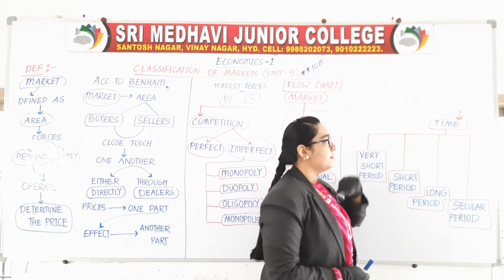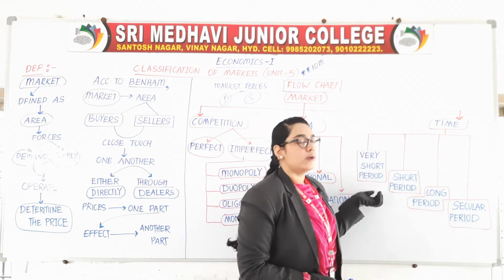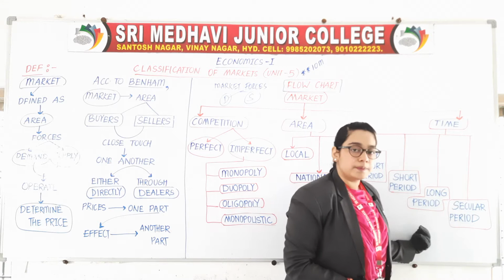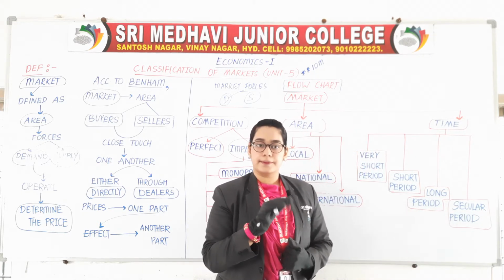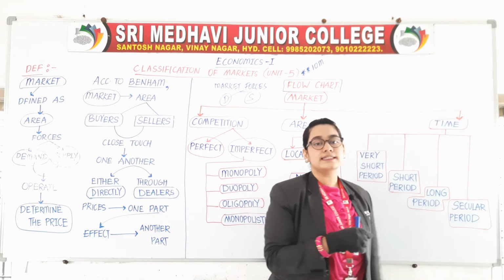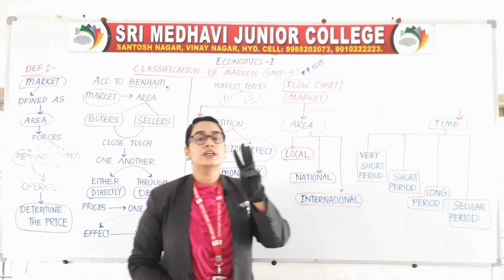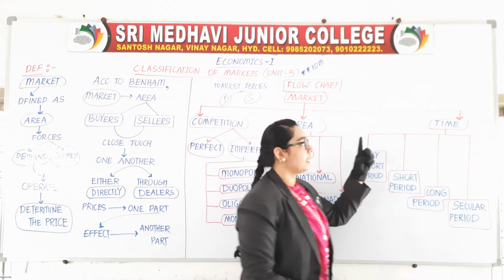Then based on time, it is divided into four types, that is very short period, short period, long period, and secular period. Is that clear? Very short, short, long, and secular.